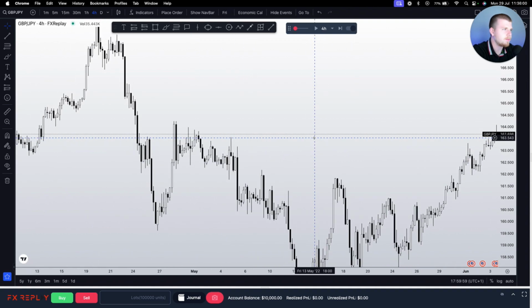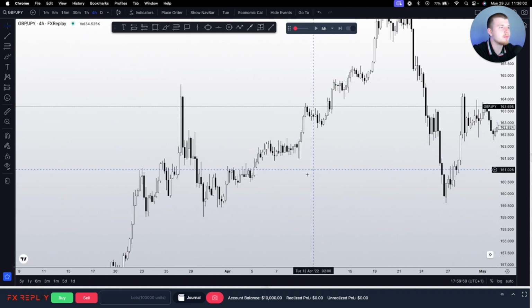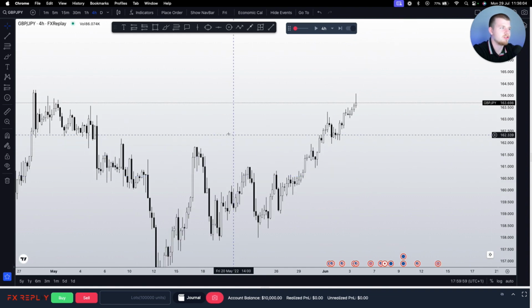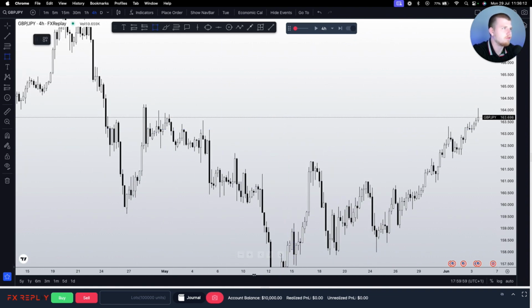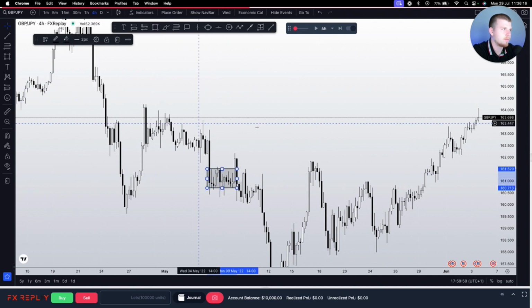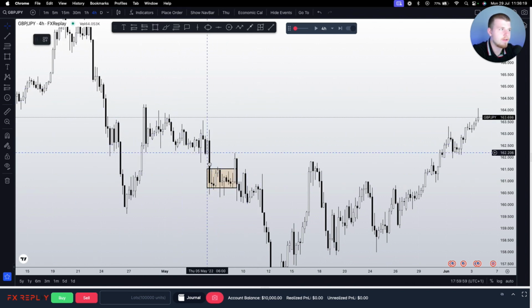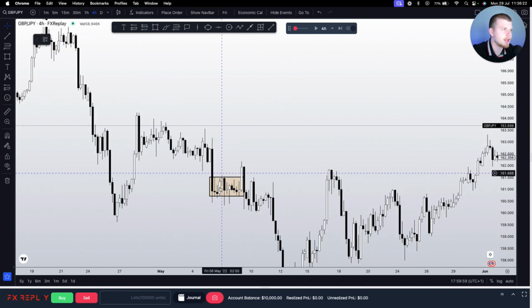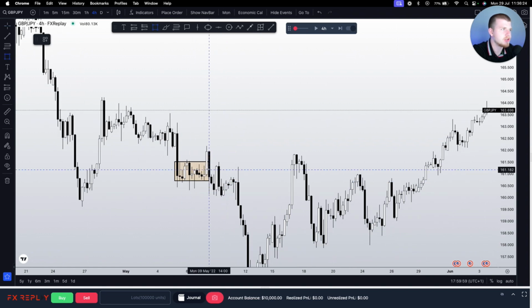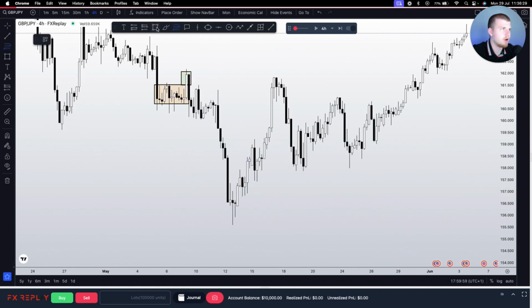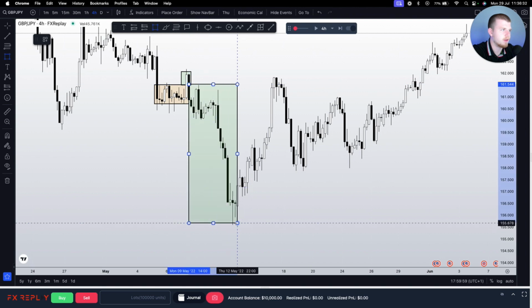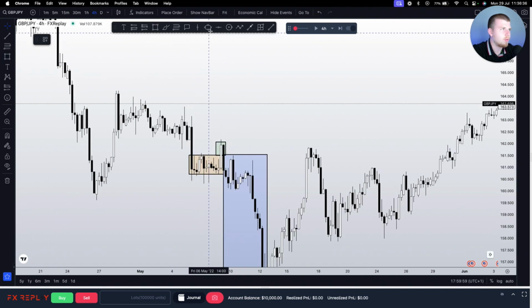So what we're going to do is look at this on the market now. What I would look for is an accumulation, manipulation, and distribution. As you can see right here, we've had our accumulation, which comes after a previous distribution move. We have our accumulation, then we have our manipulation to the upside, and then we have our distribution move to the downside. Now, how would I enter this trade?